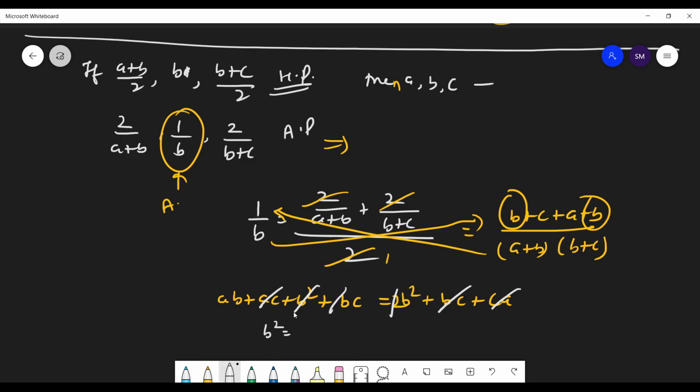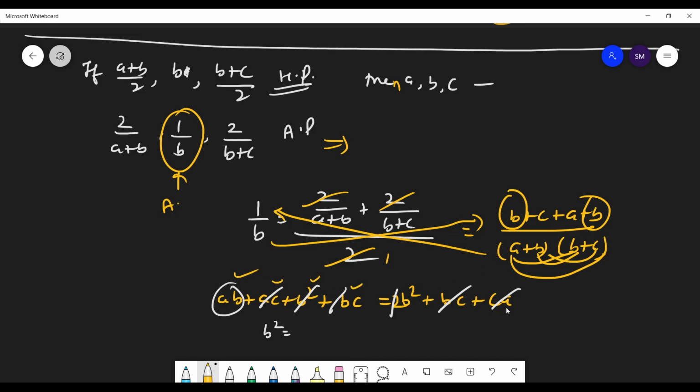See, is there some problem? Because we are getting this, see, this is AB, B square, AC and CB. So these four terms are okay.